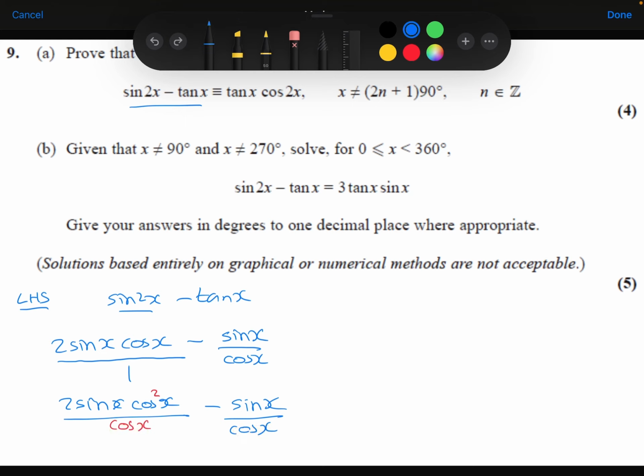Which means that I can now write this as a single fraction. So on the numerator I'd have 2 sin x cos squared x minus sin x. Now I notice I've got a sin x in both of these terms, so I can factorise that out.